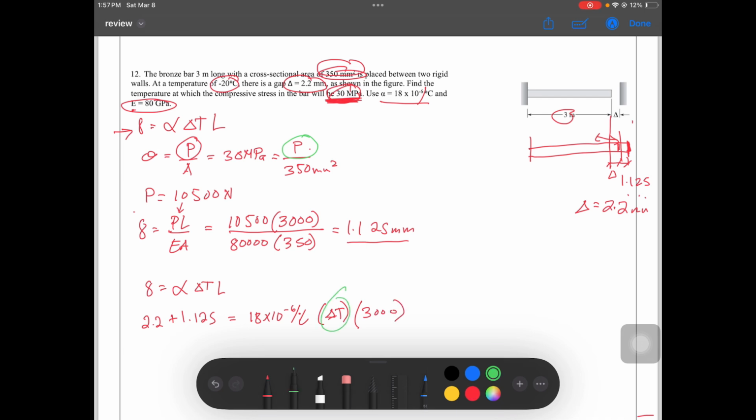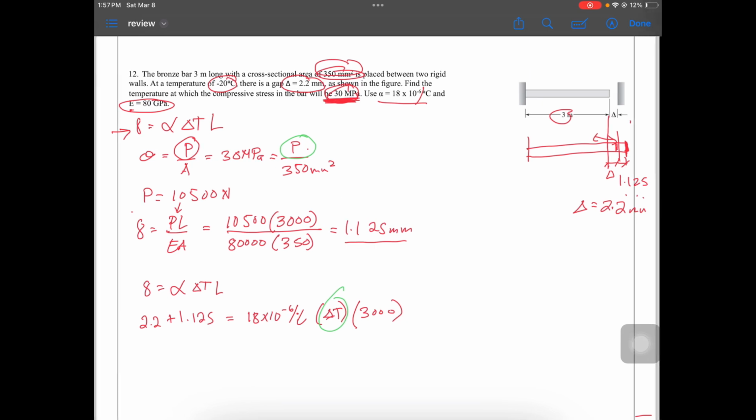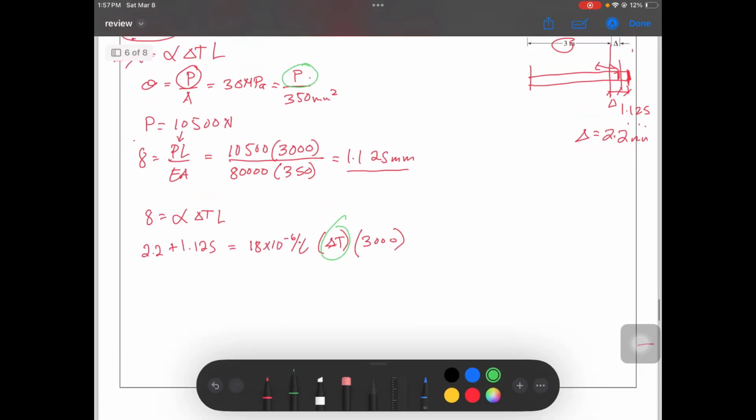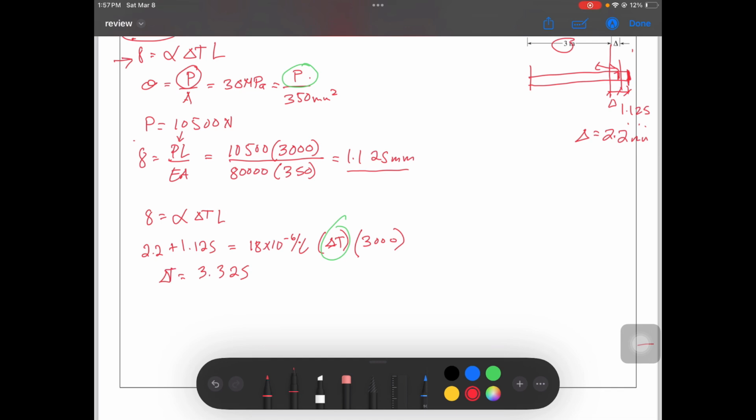So, isolate natin si delta T. Siya na lang naman yung unknown sa equation. So, our delta T, isolating. So, 3.325 divided by 18 times 10 raised to negative 6 times 3,000. Okay, so delta T is equal to 61.574 degrees Celsius.